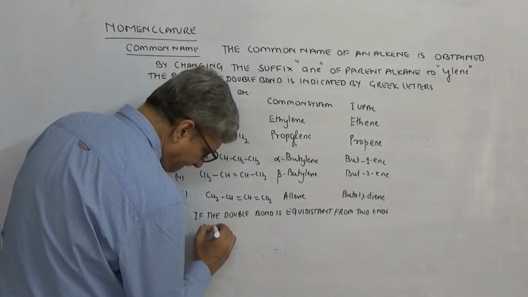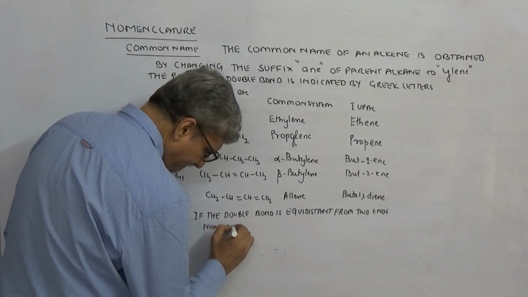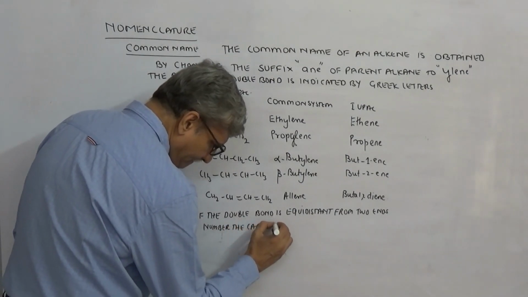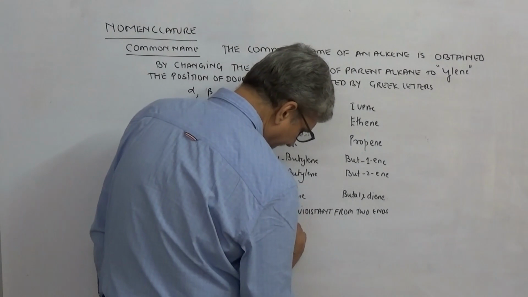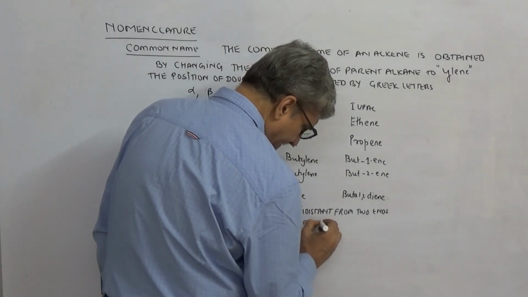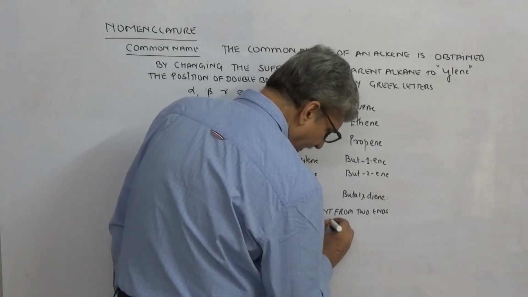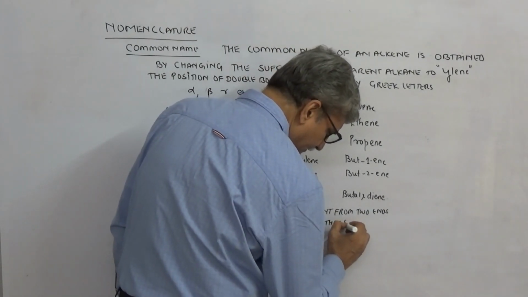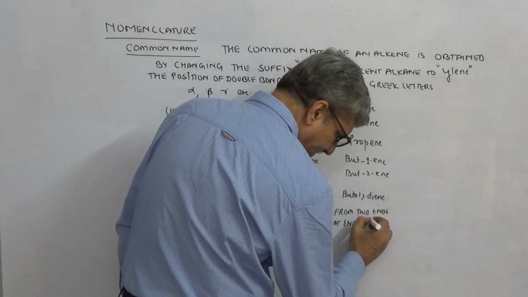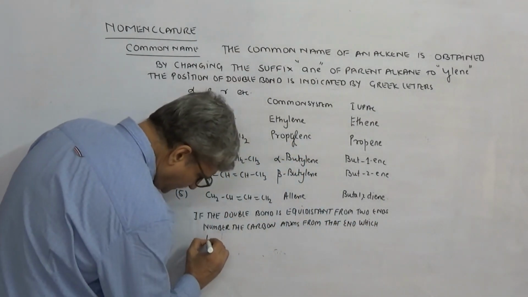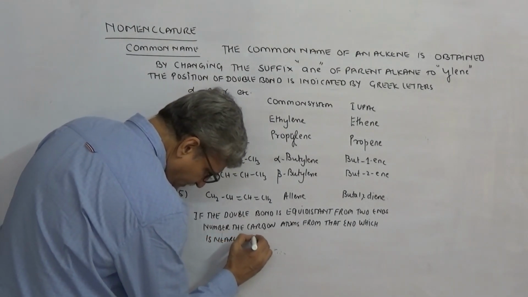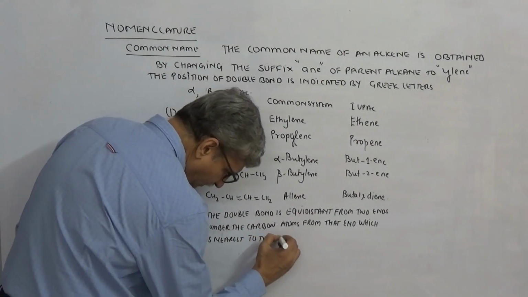number the carbon atoms from that end which is nearest to the first branching.